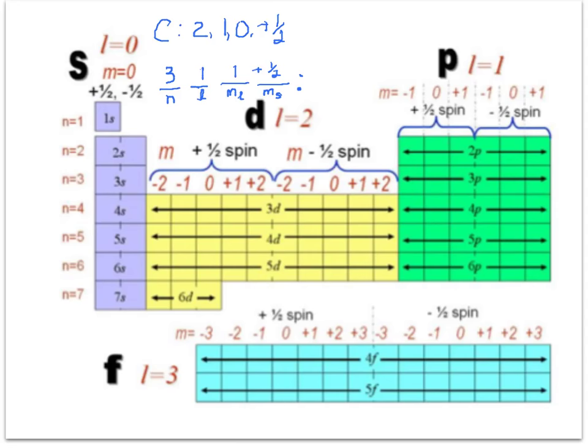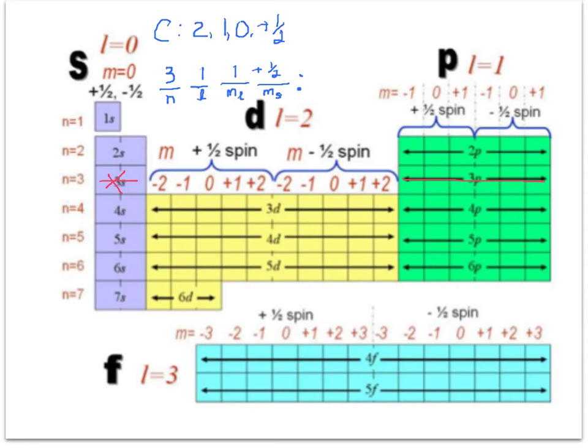So we can be here or here. Now, L is 1. Where is L equal to 1? L is equal to 1 is in the P. So we know that this is not true. So we don't want this. I'm just crossing this out to show you how I go about doing it.